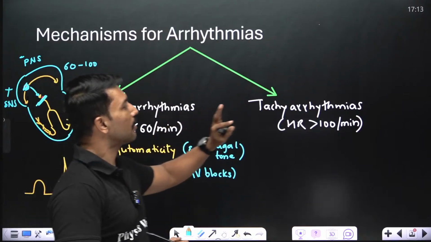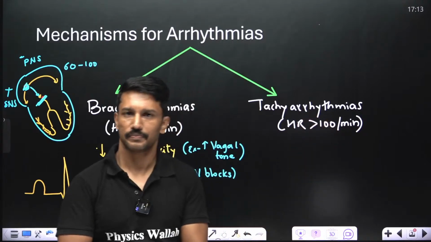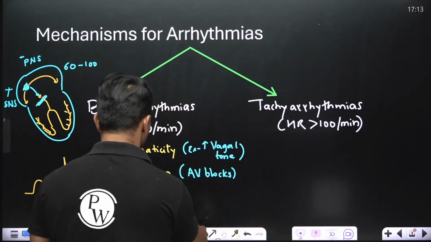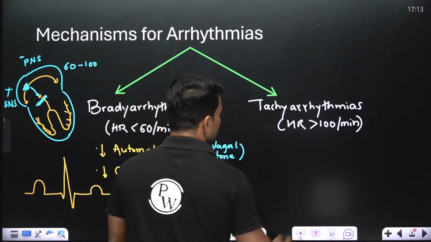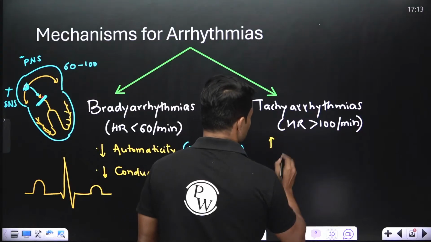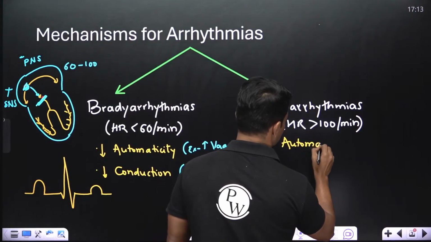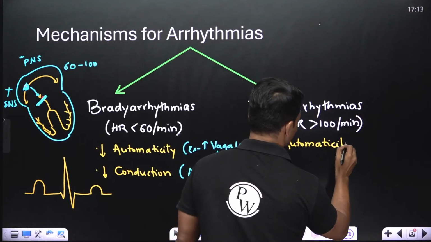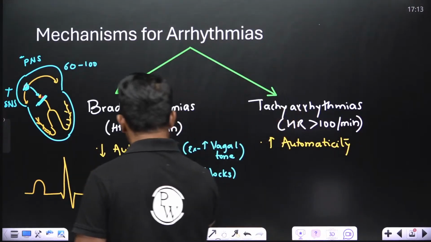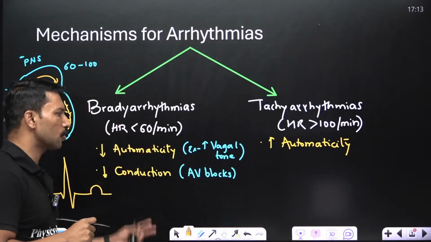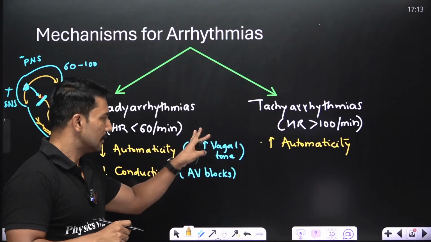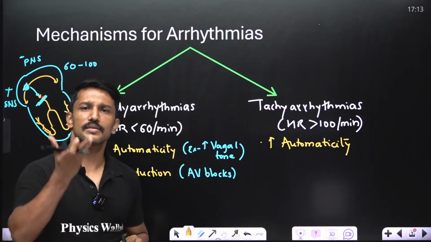Now, what can cause tachyarrhythmias? We can think of the mechanisms on similar grounds. One is increased automaticity. What can increase the automaticity? The opposite of what decreases the automaticity, right? Like a decrease in the vagal tone or an increase in the sympathetic drive.